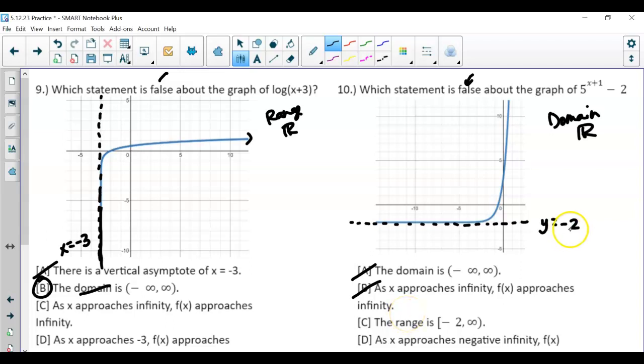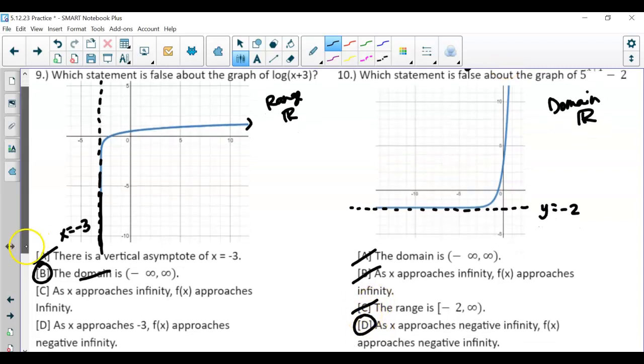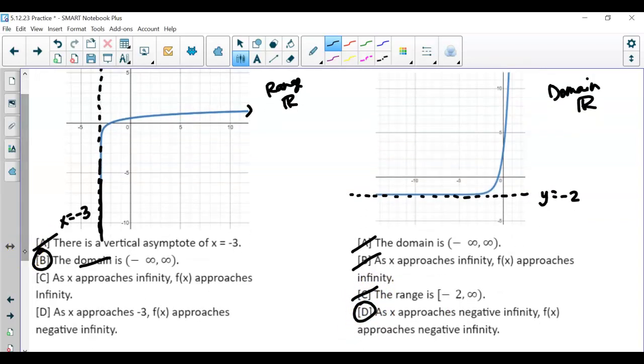Here the range, the Y values, are starting at -2 and going up to infinity. So let's see if D is the false statement. As X approaches negative infinity, as we're going to the left, is the graph going all the way down to negative infinity? No. What is it approaching? -2, the asymptote. So that's why the answer here is D.